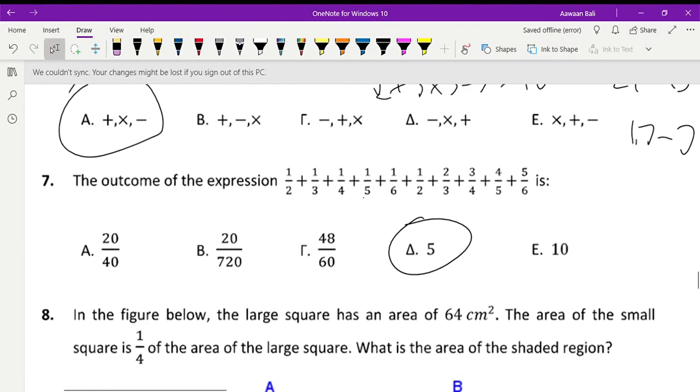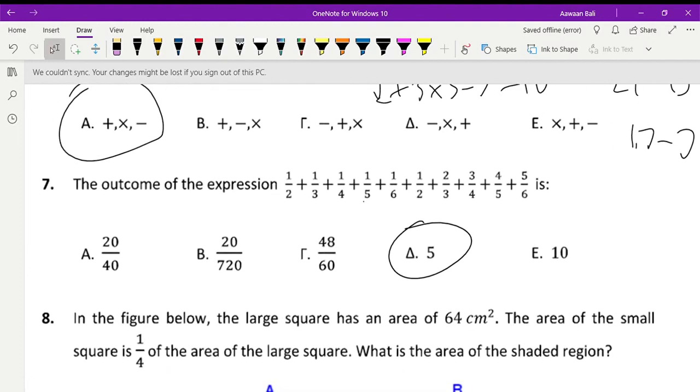The outcome of the expression a half plus a third plus a fourth plus a fifth plus a sixth plus a half plus 2/3 plus 3/4 plus 4/5 plus 5/6 is, the answer is 5, because if you notice, this plus this is a whole. A third plus 2/3 is also a whole, because that makes 3/3. And if in a fraction the numerator and denominator are the same, then that's equal to 1.